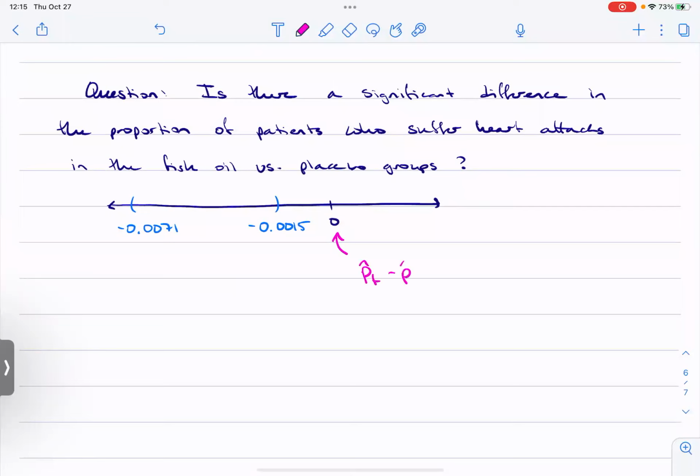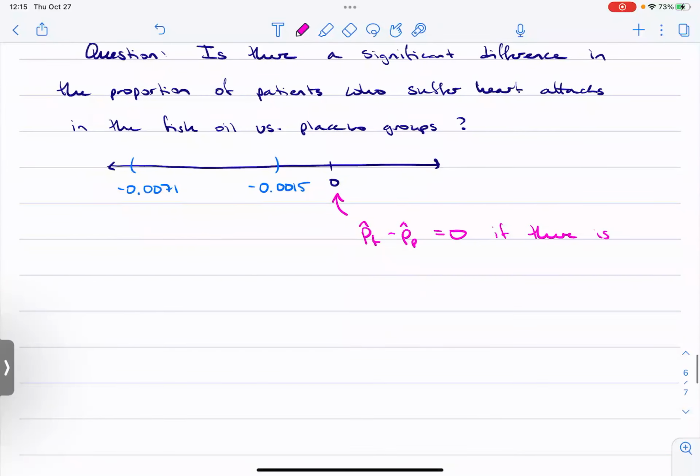Pf minus P equals 0 if there is no difference. Maybe I'll remove the hats, just because we're hypothesizing not just about the sample but about the populations, the difference in the populations. So if there's no difference between the two, then it would be 0.